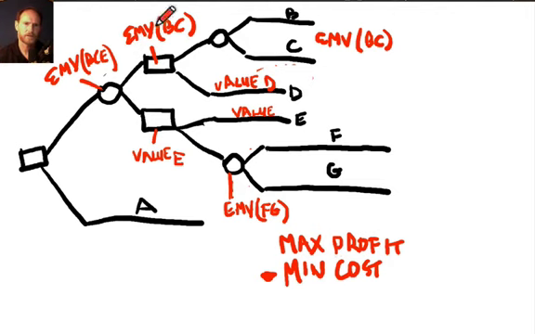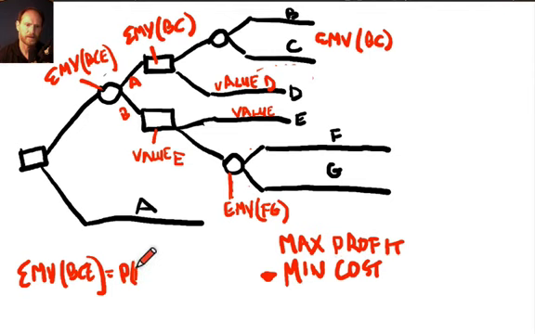But just to reinforce that point, with this example, we'll call this probability A and probability B. The EMV of BCE would equal the EMV of BC times the probability of A, or whatever A is.